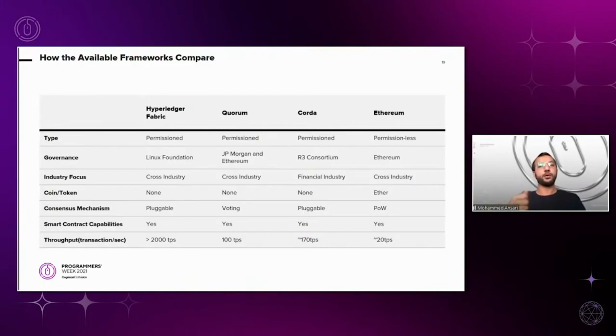But later on, I think Coda has also developed its portfolio, and I think now they have started supporting cross-industry use cases as well, apart from the initial financial use cases that they were looking at. Now, Coda and Hyperledger Fabric are both pluggable, in that they allow a lot of flexibility in terms of what particular components organizations want to install in their blockchain networks.